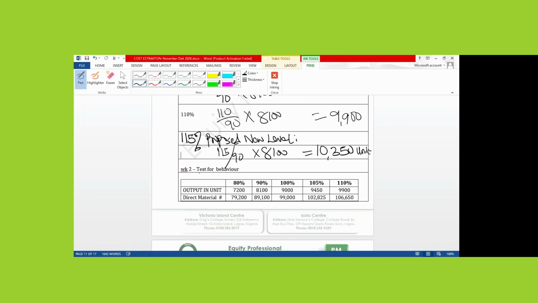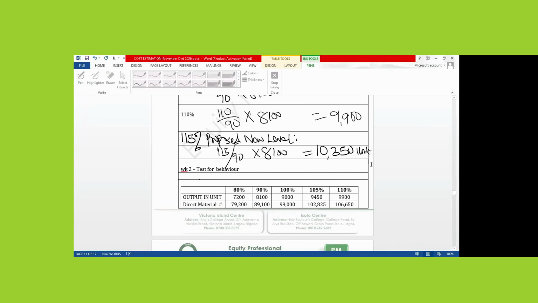To answer this question correctly, you are going to test for cost behavior.